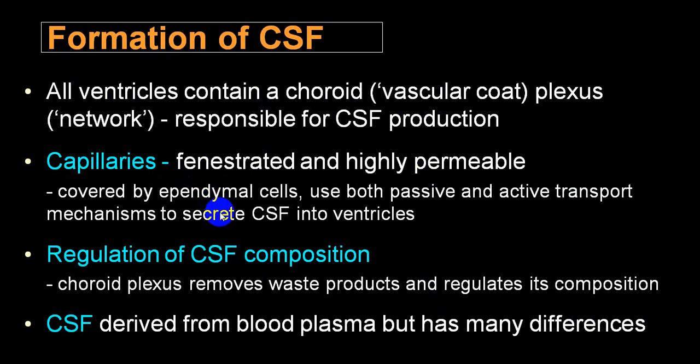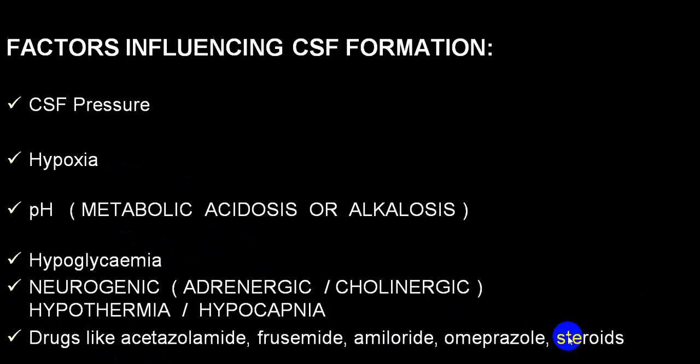Ultrafiltration will take place. Regulation of CSF composition will depend upon certain factors. CSF is derived from the blood plasma by ultrafiltration. So the factors which affect CSF formation: one is CSF pressure itself.